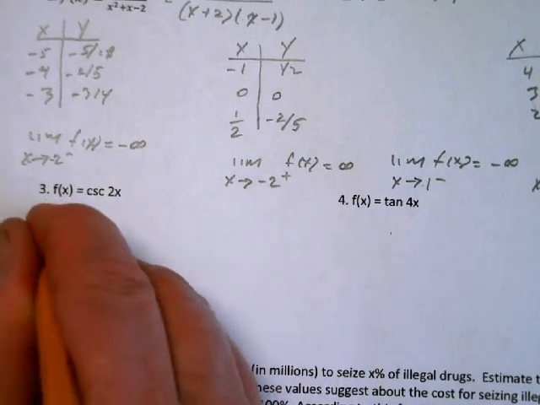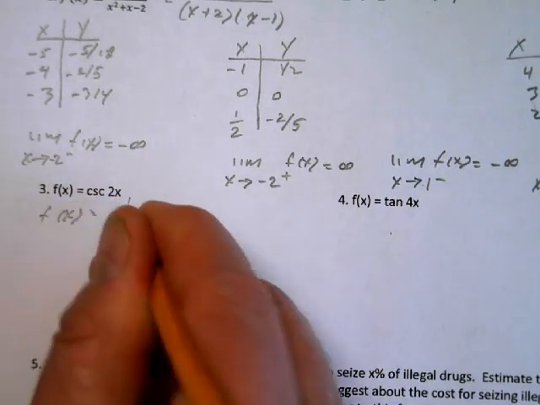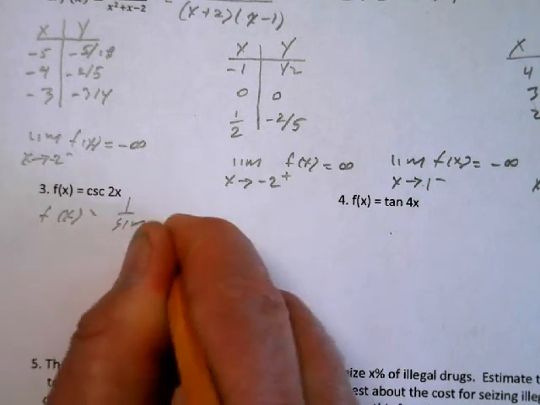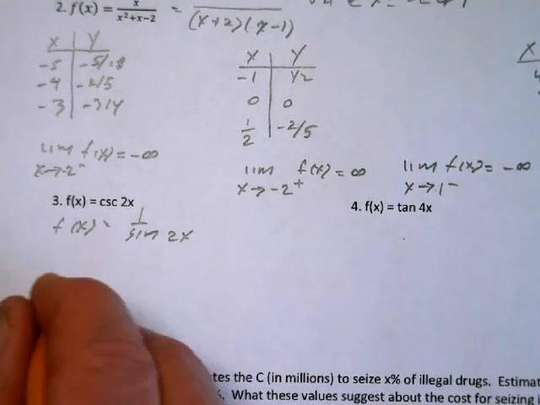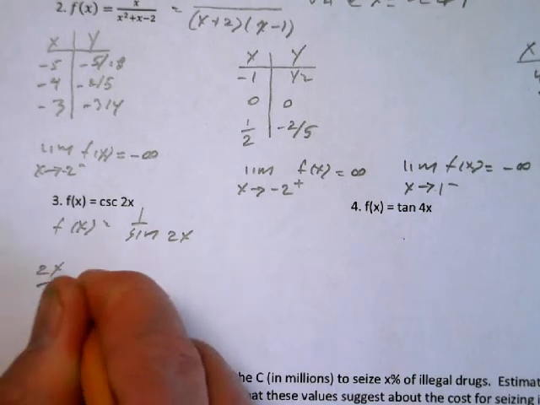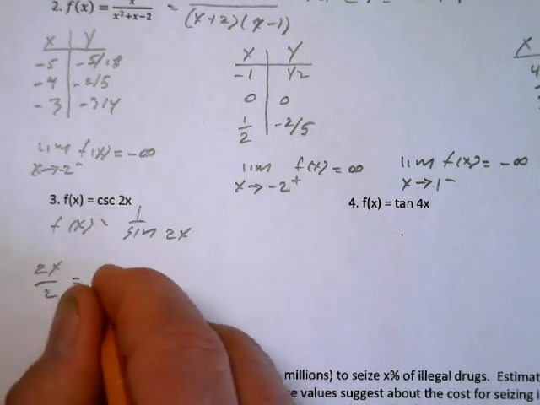Okay, here are a couple trig functions. Now, if you have f of x equals cosecant of 2x, that's the same thing as f of x equals 1 over sine 2x. Now, what we're looking for, where does that equal 0? That's what we're looking at. So where is sine going to equal 0?